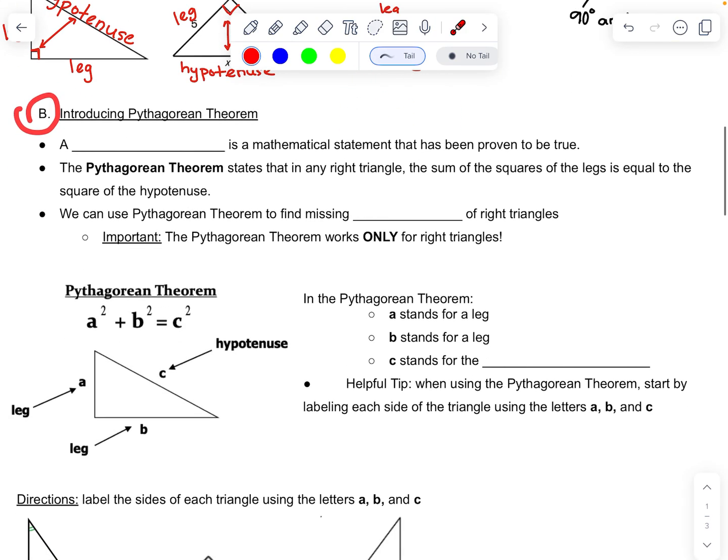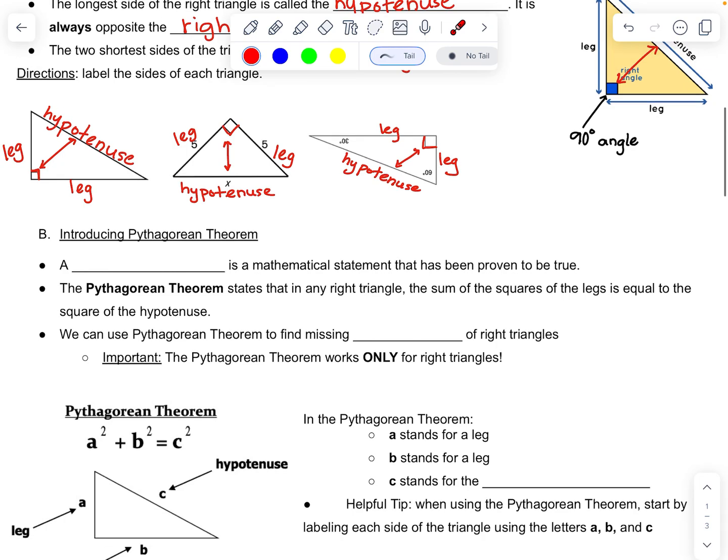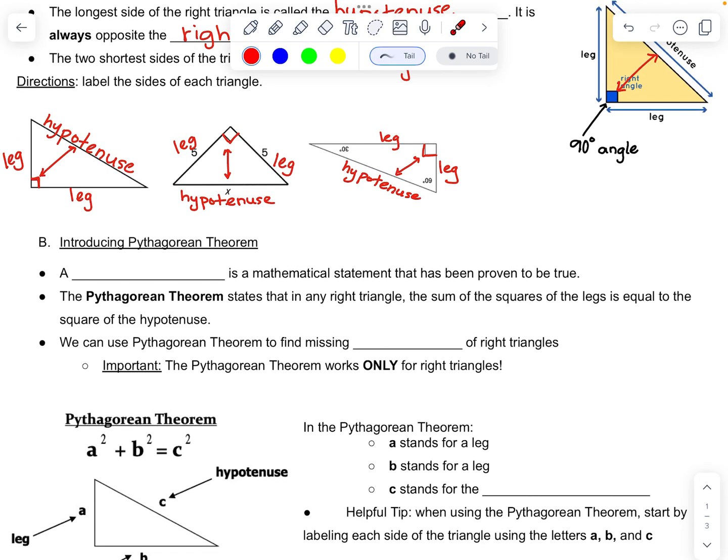Skill B. Well, I'm going to introduce what the Pythagorean theorem says about right triangles. By the way, we're introducing the Pythagorean theorem, although most of us have seen this before.